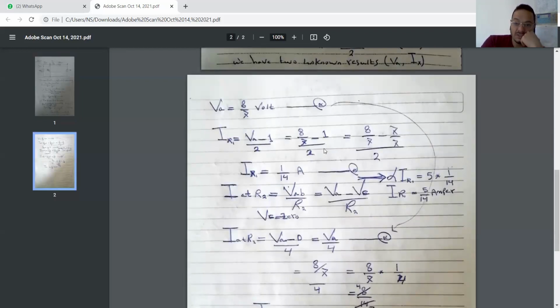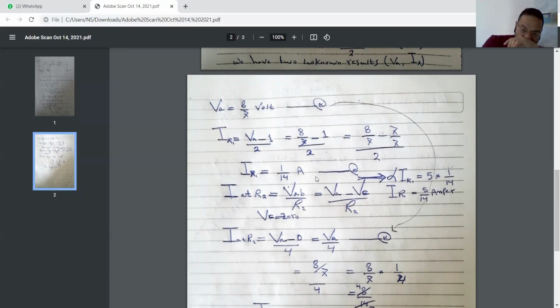After that, we can calculate all of them to find the result. IR1 equals 1 divided by 14 ampere. What does that mean? Alpha IR1, the dependent current source, equals 5 divided by 14 ampere.